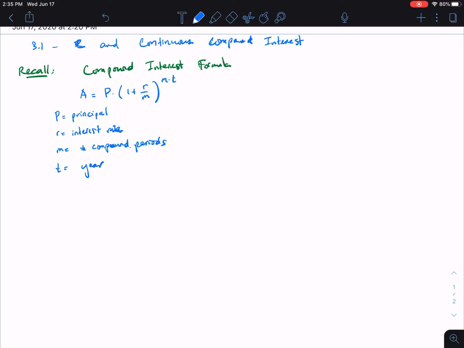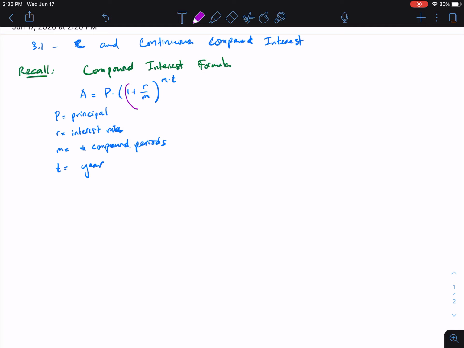Now, there's another formula we can use in this lesson, for when we apply the compounded interest rate to the principal, not monthly, not daily, not hourly, but continuously.